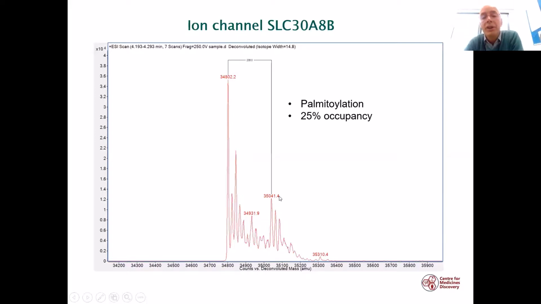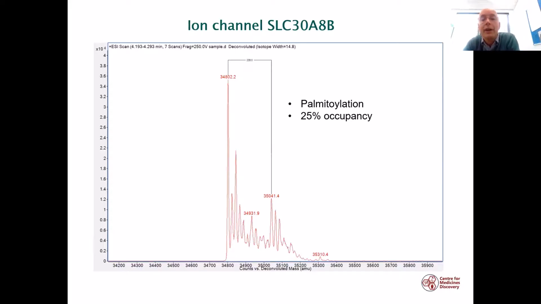When we did this analysis, I suggested to the postdoc who was working on SLC30, let's have a look in UniProt and see what modifications are known for SLC30. So we had a look in UniProt, and palmitoylation wasn't there. So the postdoc got quite upset and said, well, why isn't it there?